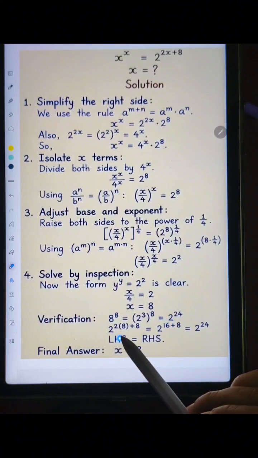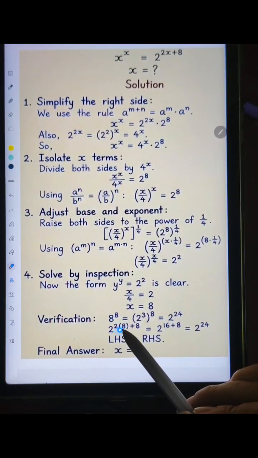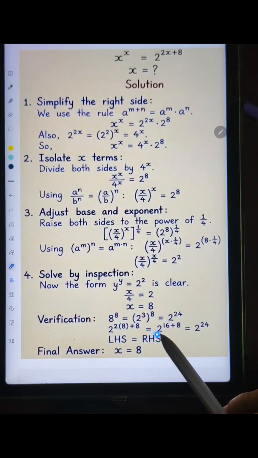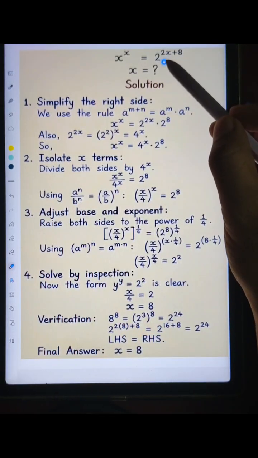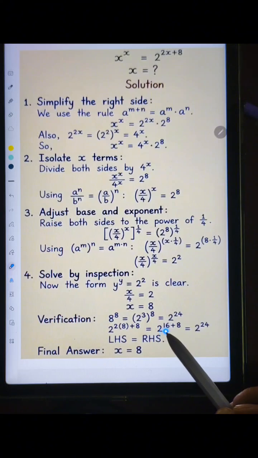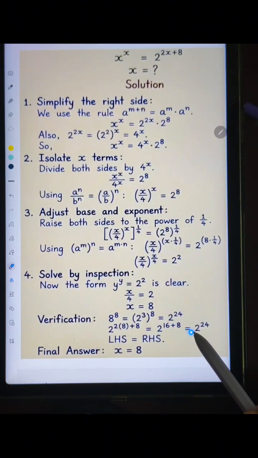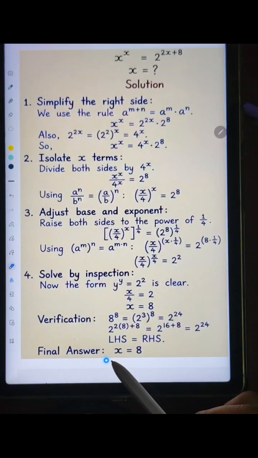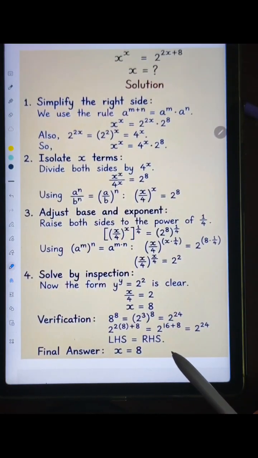Now, that can be written as 2 raised to 2 times 8 plus 8. And the right side of the equation is 2 raised to 16 plus 8, which is 2 raised to 24. That is really the same as the left side of the equation. Hence, our answer, x is equal to 8, is correct.